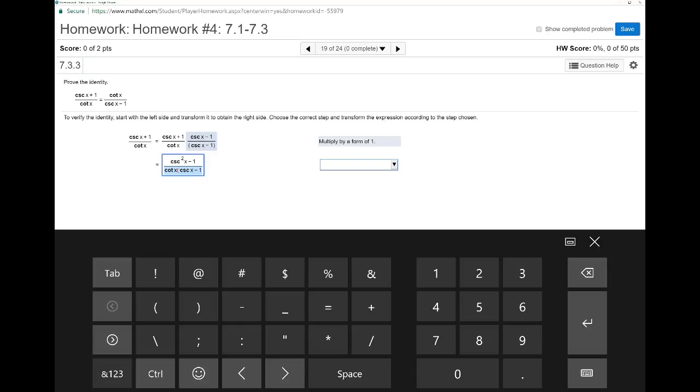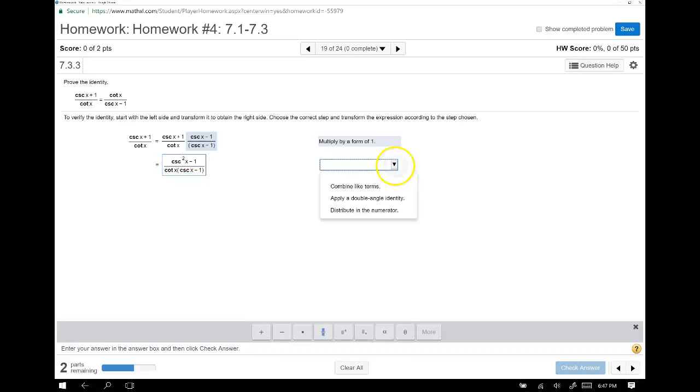And the drop-down box here wants to know what we did to get that, and all we did is distribute in the numerator.